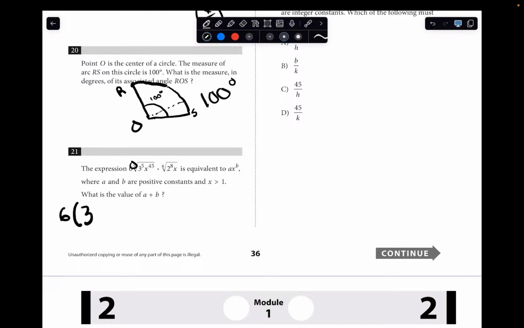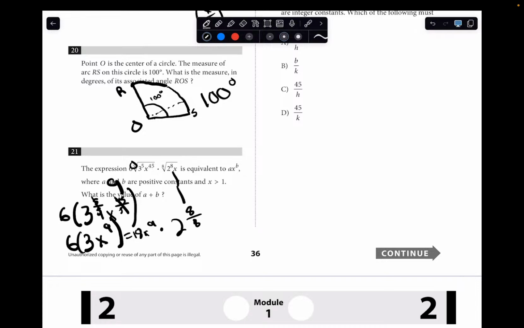So you get 5 over 5, which is 1, and then x to the 45 over 5, which is 9. So that gets a 9. And then we're going to clean this up, 2 to the 8th over 8.